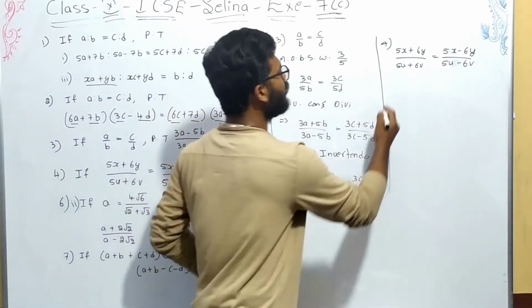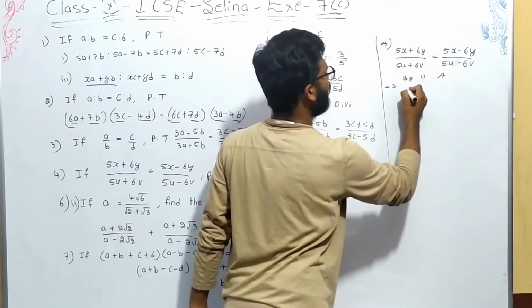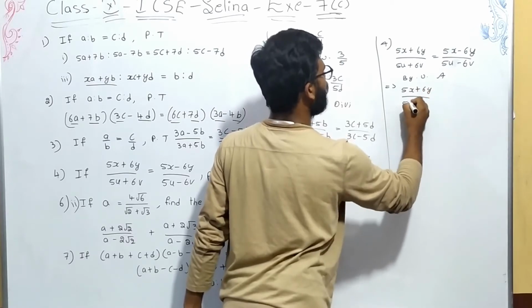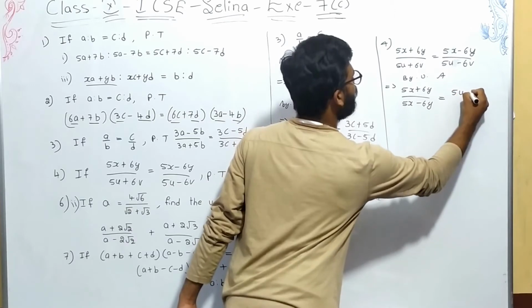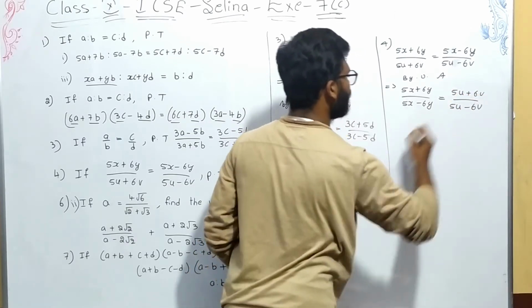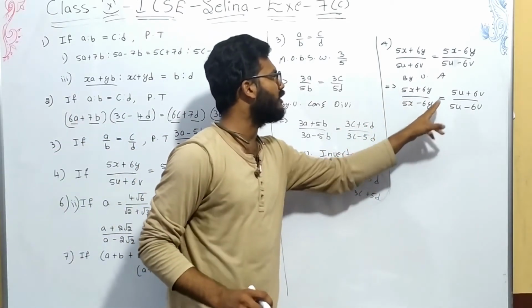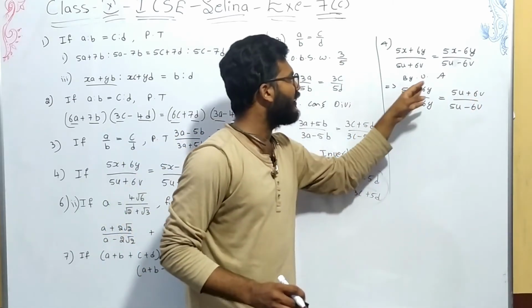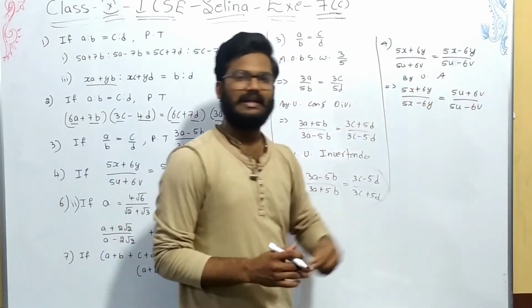So changing it to the same side by using alternendo, 5x plus 6y by 5x minus 6y is equal to 5u plus 6v by 5u minus 6v. Now it is in the form of a plus b by a minus b is equal to c plus d by c minus d, where a is 5x and b is 6y, and c is 5u and d is 6v.